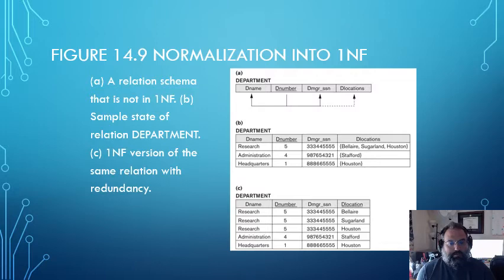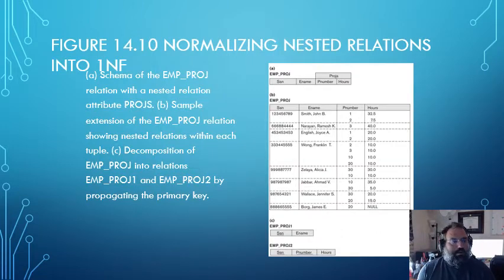Figure 14.9 is the normalization into first normal form: A, a relational schema that is not in first normal form. B, sample state of relation department. C, first normal form version of the same relation with redundancy. Figure 14.10, normalizing nested relations into first normal form.